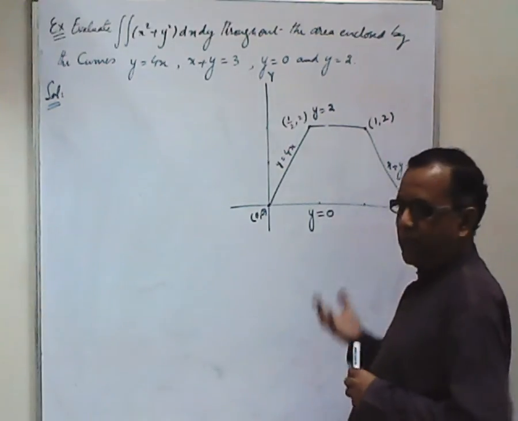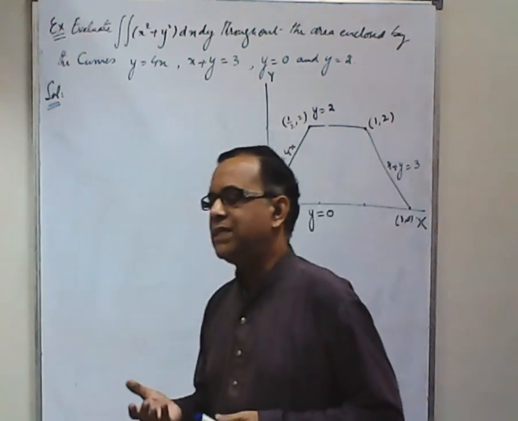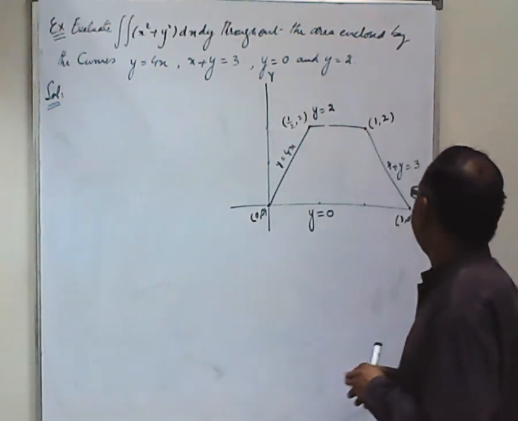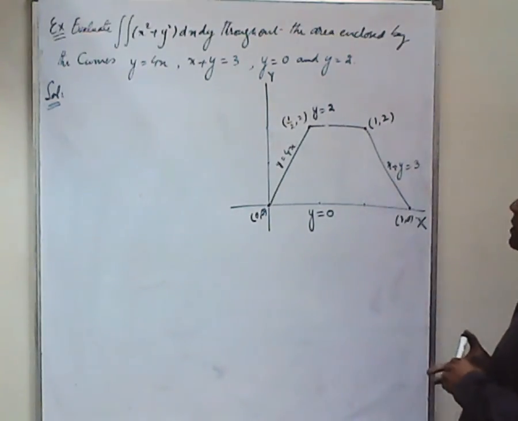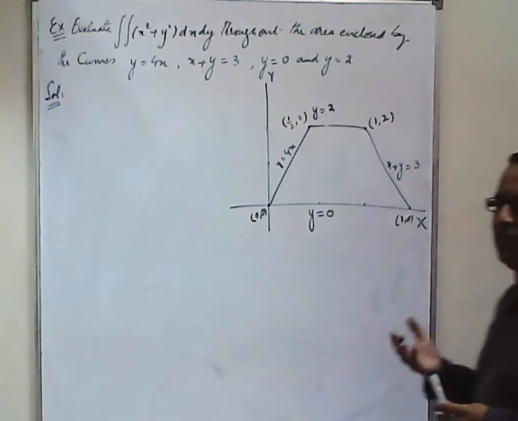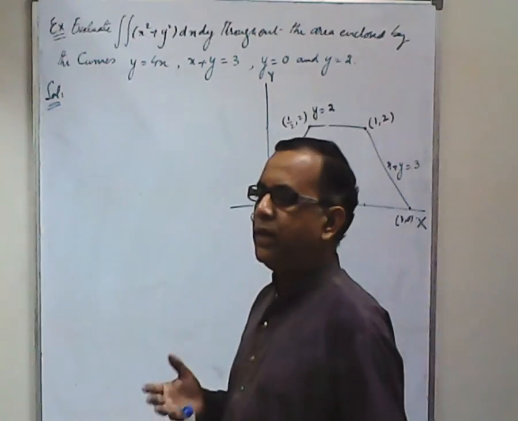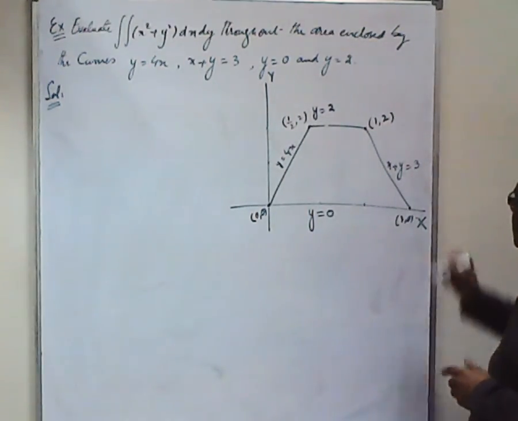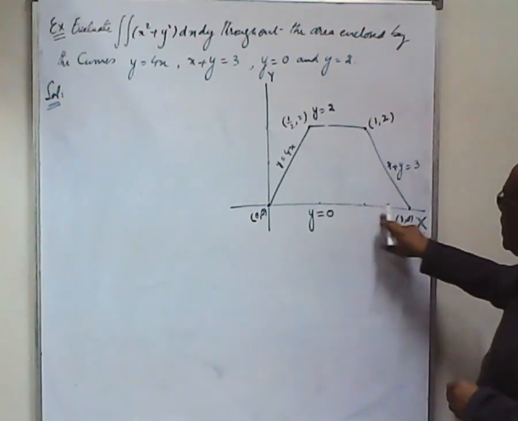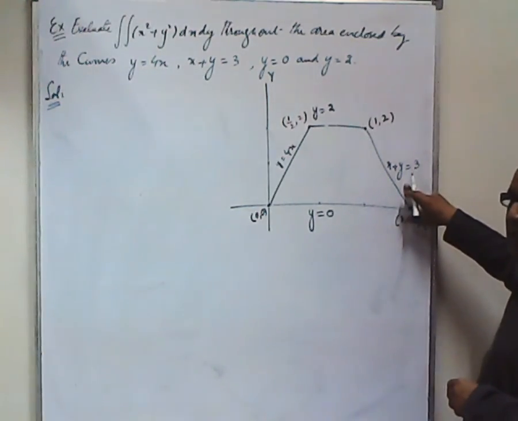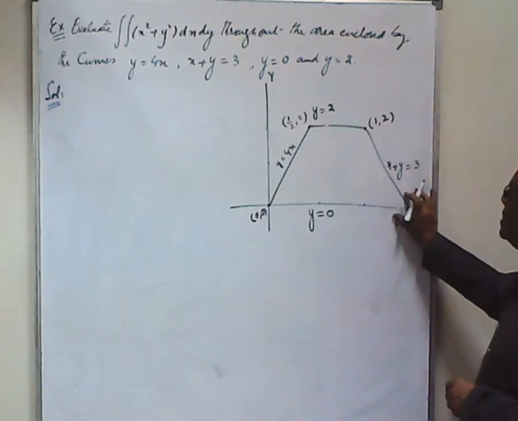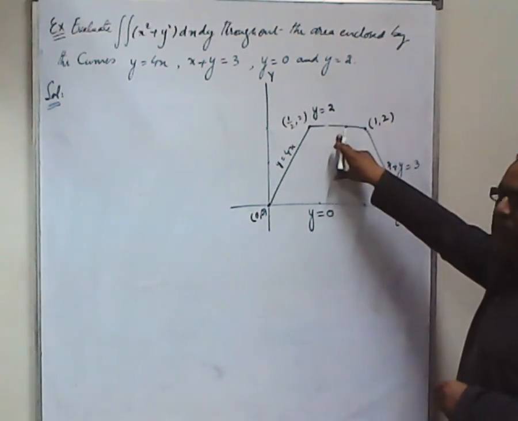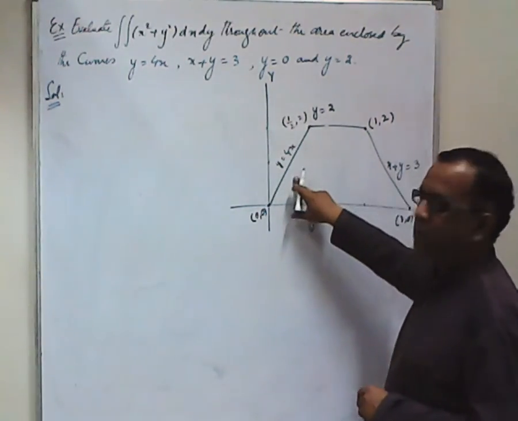I am repeating that it is not necessary to calculate orally as I am doing, but you can solve these equations separately on a graph sheet to find the points of intersection. The intersection of y equal to 0 and x plus y equal to 3, both are linear, so solve these, then x plus y equal to 3 and y equal to 2, and y equal to 2 and y squared equal to 4x.